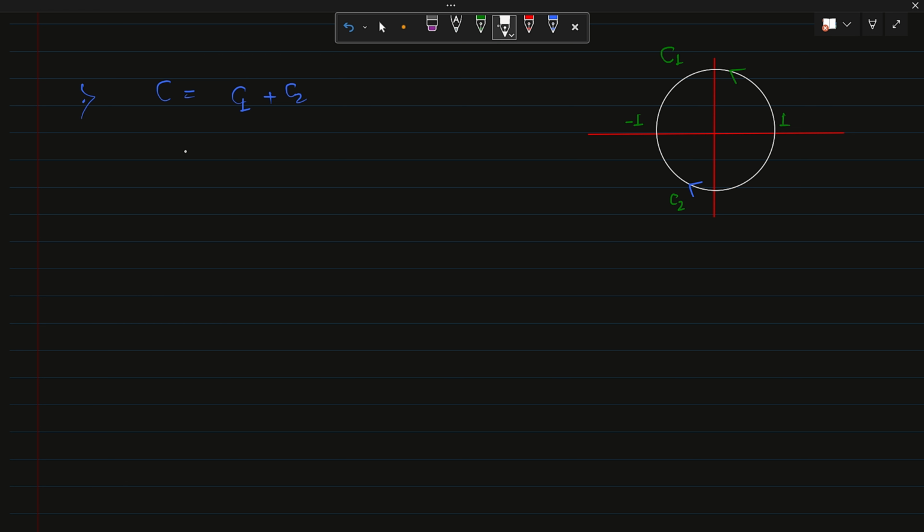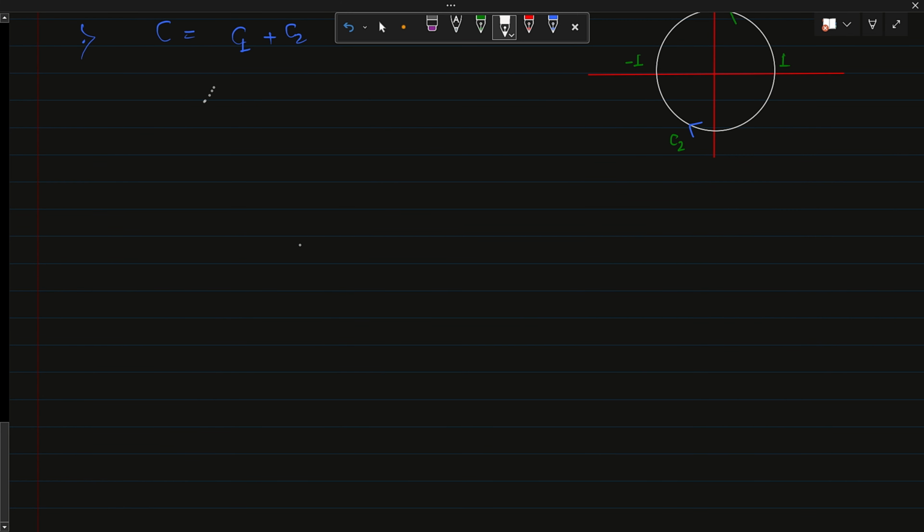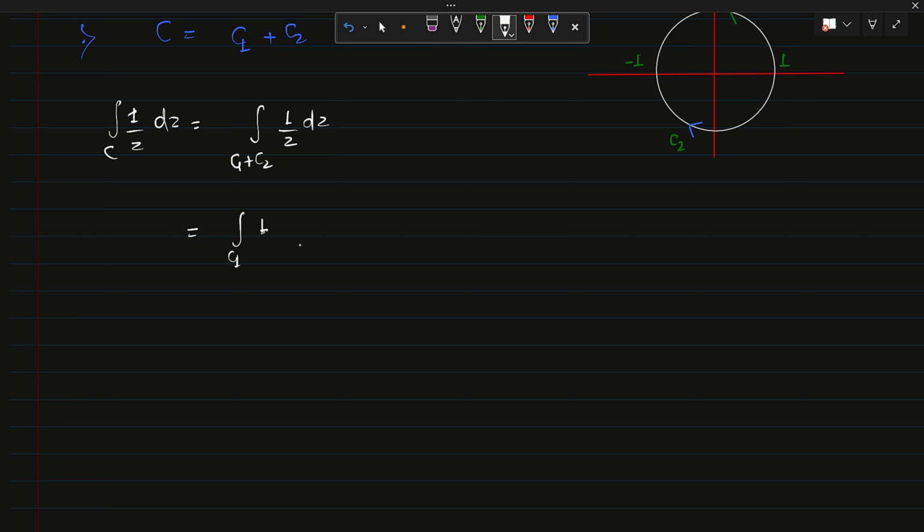The value of this integral is given by the integral along C. We can write integral along C of 1 by z dz, that is nothing but the integration along C1 plus C2 of 1 by z dz, and this is equal to the integral along C1 of 1 by z dz plus the integral along C2 of 1 by z dz.